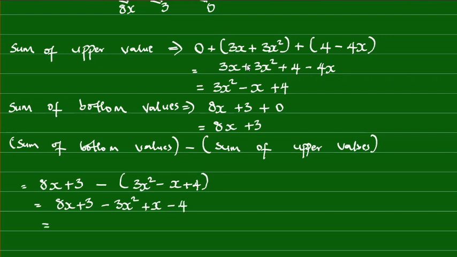Now we proceed to collecting like terms, but first of all, we bring minus 3x squared forward, so we have minus 3x squared. Next we have 8x plus x gives us plus 9x. We have plus 3 minus 4 leaves us with minus 1.